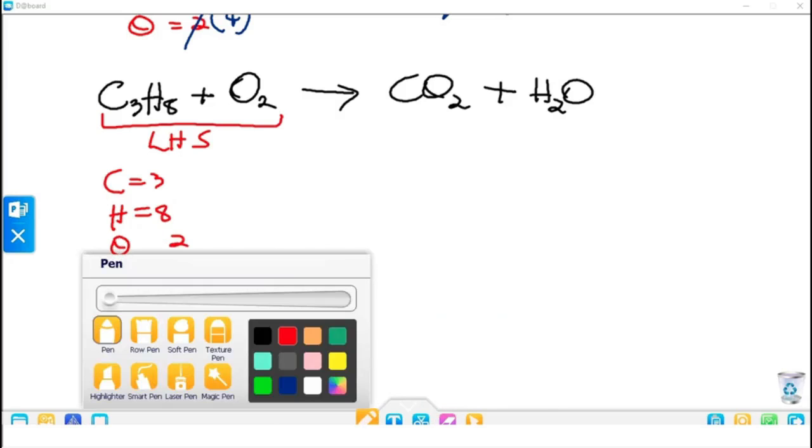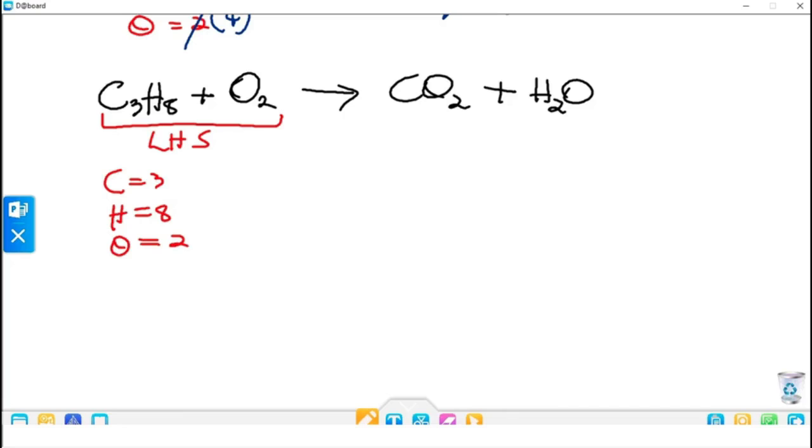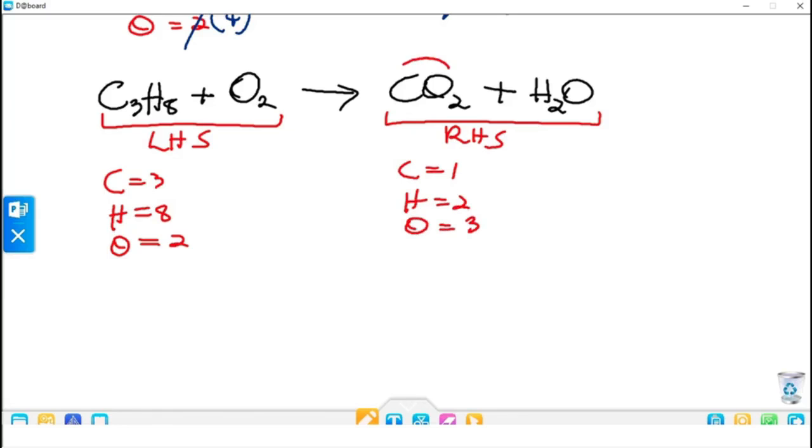At the right hand side, carbon is 1, hydrogen is 2, and oxygen is 3. We have 2 here and 1 oxygen there, so oxygen is 3 at the right hand side. So with that, let us take a look at how to balance the equation now.